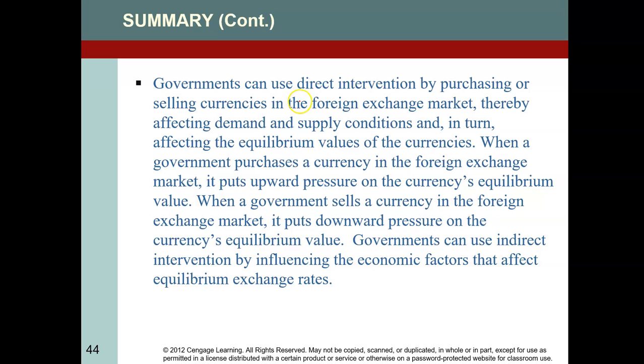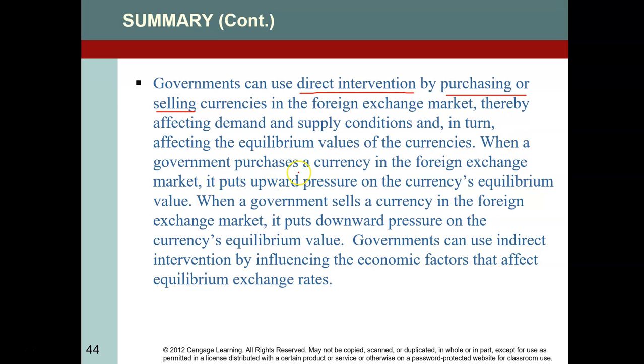Governments can use direct intervention by purchasing or selling currencies in the foreign exchange market, thereby affecting demand and supply conditions, and in turn affecting the equilibrium values of the currencies. Okay, direct intervention, buying or selling directly in the foreign exchange market.